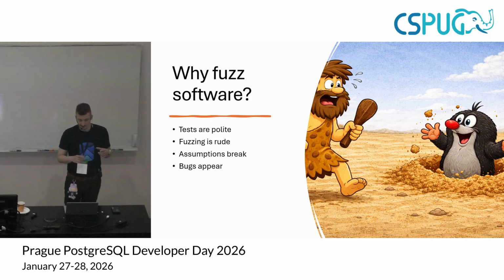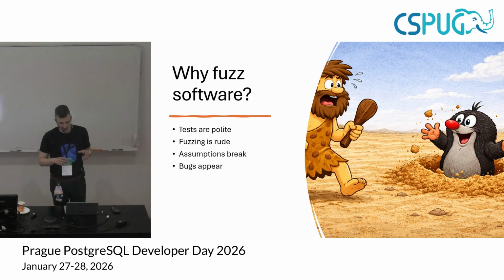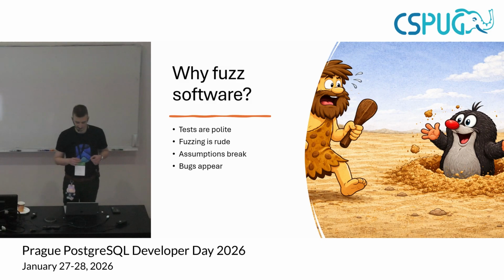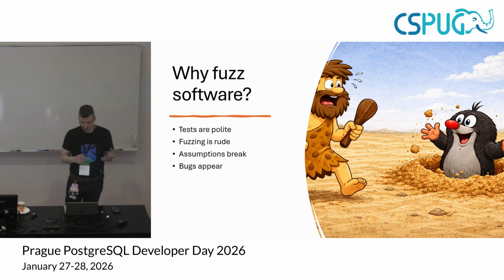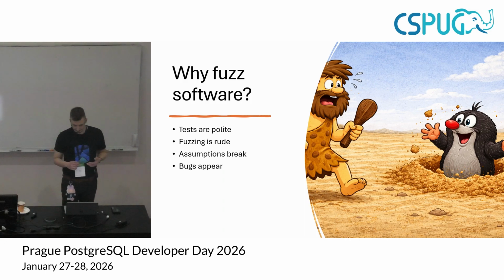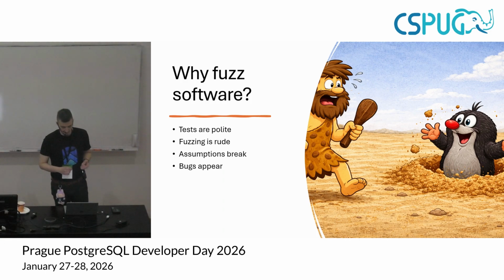So fuzzing is actually used in the wild. Google runs a massive continuous fuzzing cluster, OSS-Fuzz. They run it against SQLite, for example, and they run OSS-Fuzz, libFuzzer, AFL, and a bunch of other things.